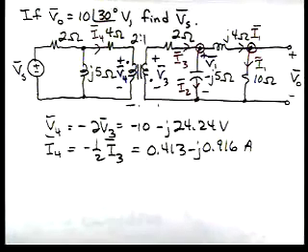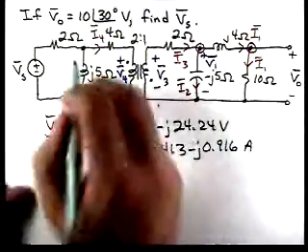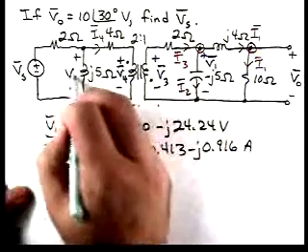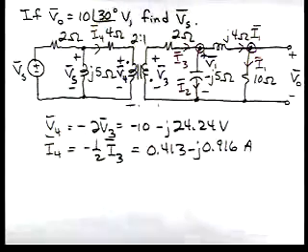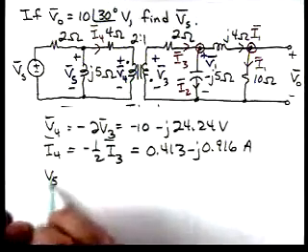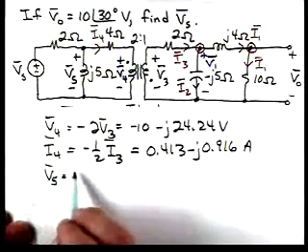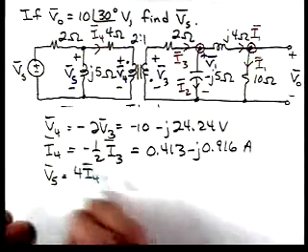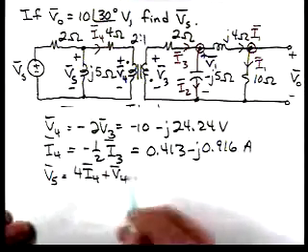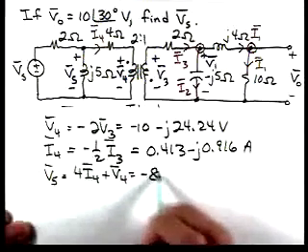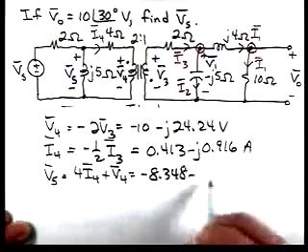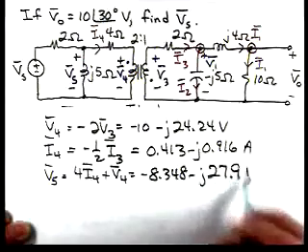Now, we have that. We can calculate the voltage. I'm going to call it V5. And V5 then is 4I4 plus V4. And that's minus 8.348 minus J 27.9.